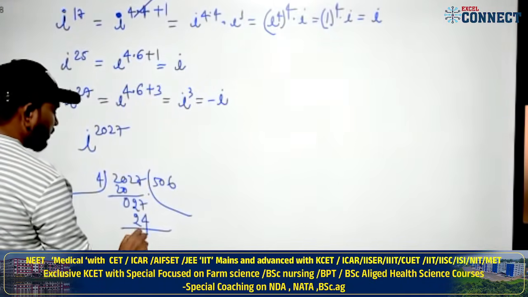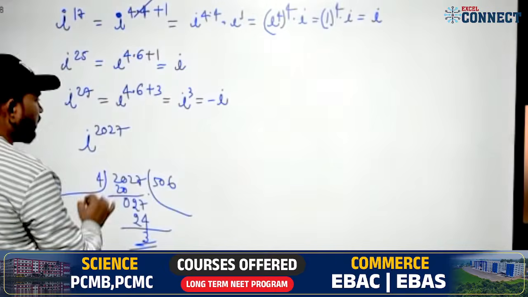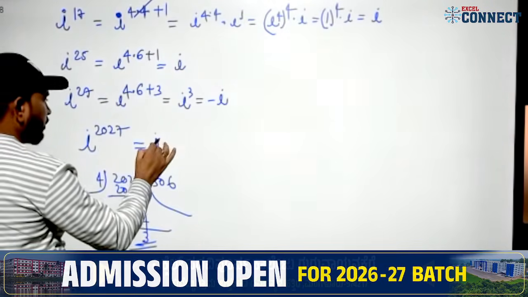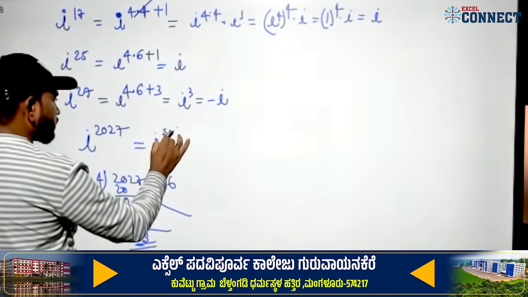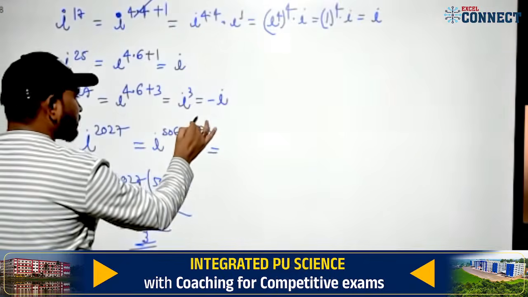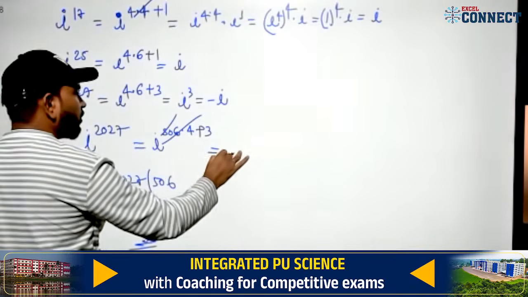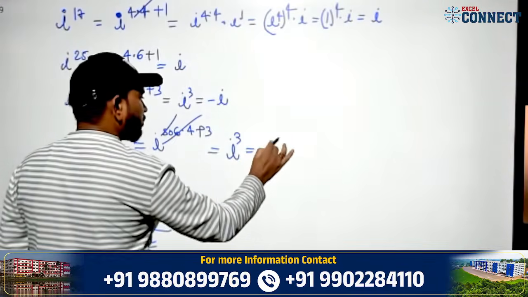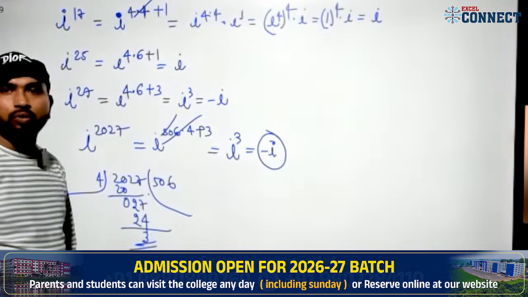Yes or no? So what remains is 3. So I can write for this i to the power of the remainder: 506 into 4 plus 3. This extra working is not required. What I require is only i to the power 3. This value is minus iota.